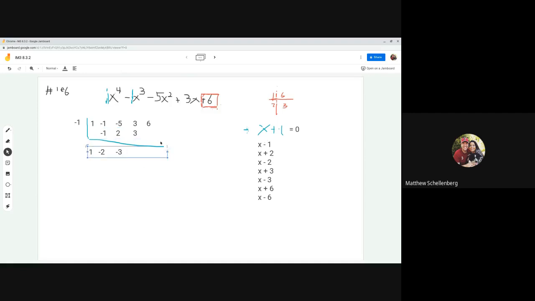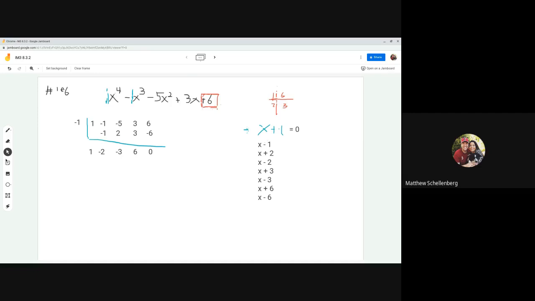And then once again, we add them up, and 3 plus 3 is 6. Then we multiply by -1, and -1 times 6 is -6. And -6 plus 6 is 0. So that gives me a 0. And that's good. Remainder of 0 means that it divided evenly.